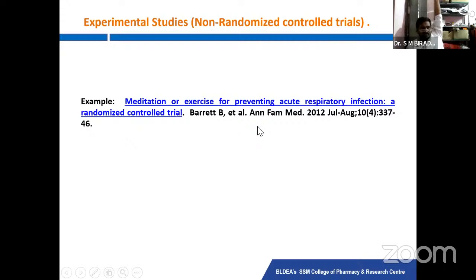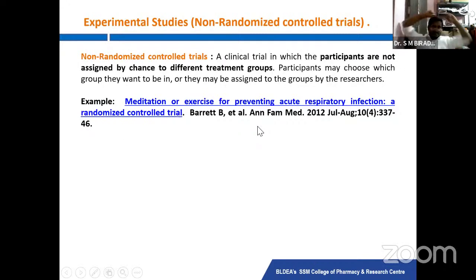In the case of non-randomized, here it is according to our requirement. We select according to our requirement. Suppose I am planning to conduct an anti-obesity drug study. I have prepared a synthetic molecule that I suspect has anti-obesity property.